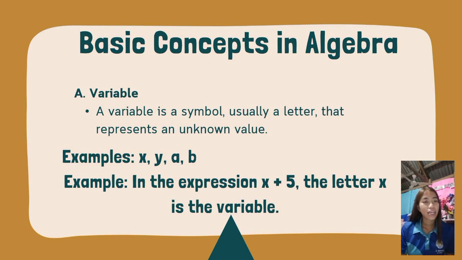A variable is a symbol, usually a letter, that represents an unknown value. Examples here are x, y, a, and b. Those letters represent a value or a number. So in the expression x plus 5, the letter x is the variable.